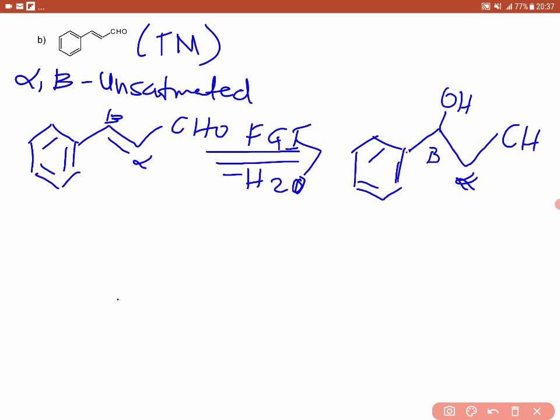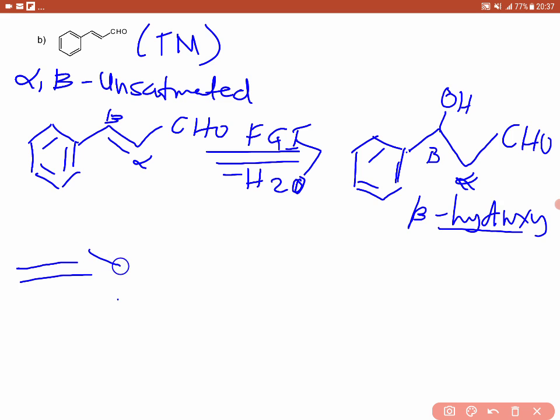So the molecule after this functional group interconversion is a beta hydroxy compound. This is a clear indication that the target molecule can be synthesized by aldol reaction.